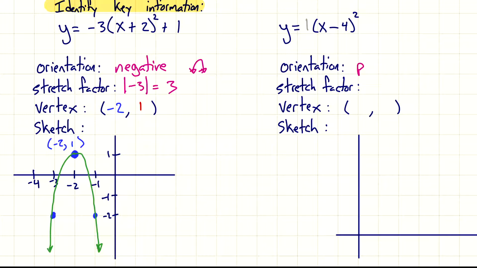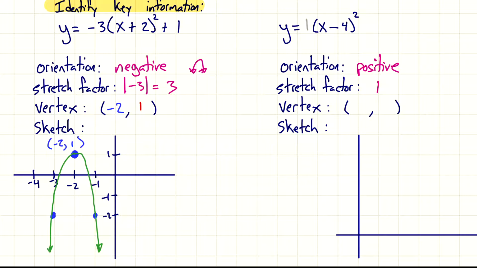It looks positive, right? That 1 is positive. And then stretch factor, well, that's that same 1 that looked like it was missing. So whenever there's a stretch factor of 1, it's not going to look skinny or wide. It's going to look like the default parabola that we're used to.